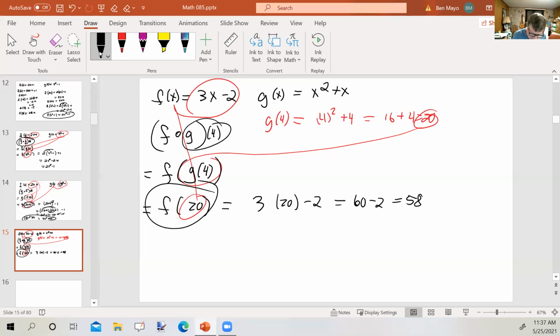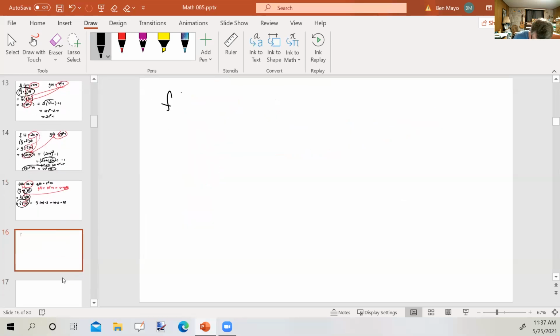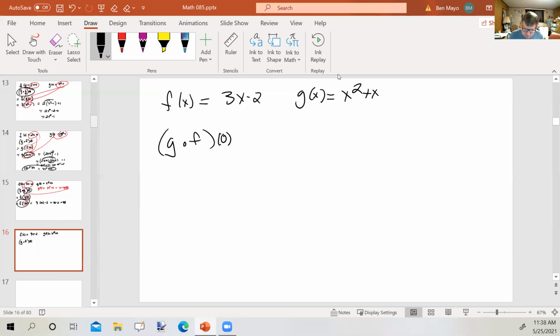Using those same two functions, f of x equals 3x minus 2, and g of x equals x squared plus x, let's find g composed with f of 0. That would be equal to g of f of 0.